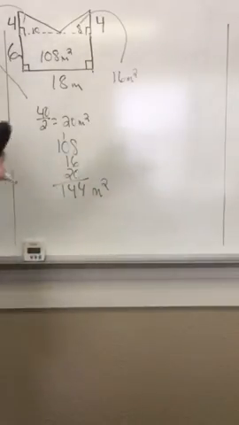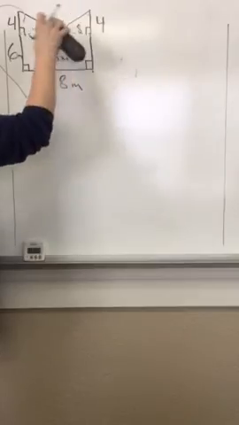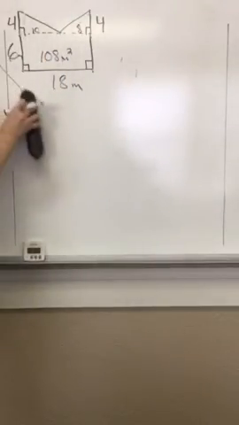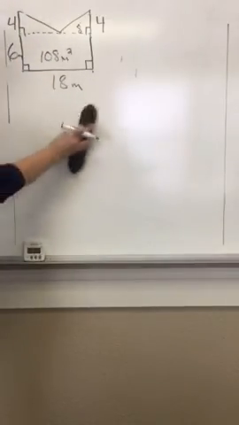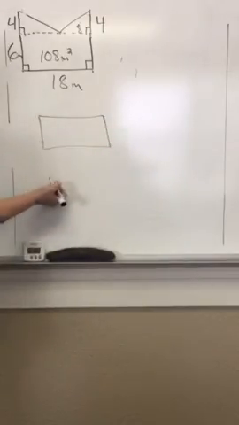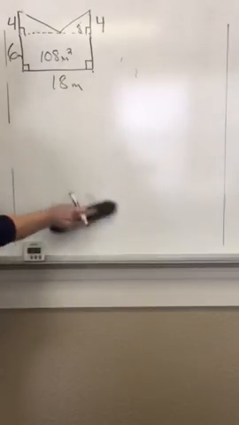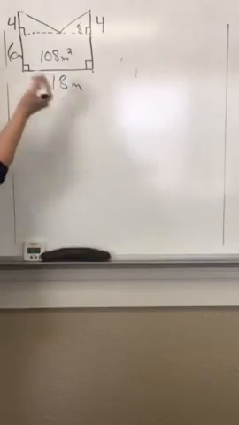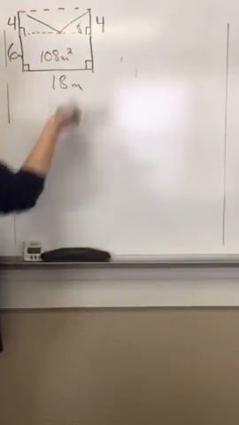This is pretty straightforward. The only thing you need to do is remember triangles are divided by 2. But let's look at this. Now watch what I'm going to do on this. Since you know that the area of a rectangle is just going to be the base times the height or the length times the width, what we can do is make this shape, complete this right here, and make it a rectangle.